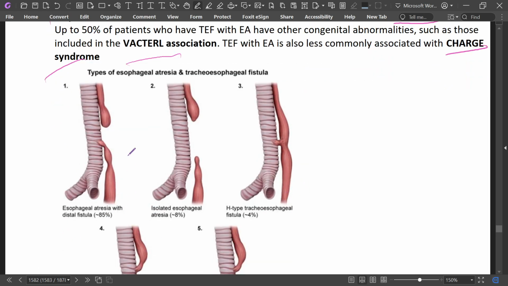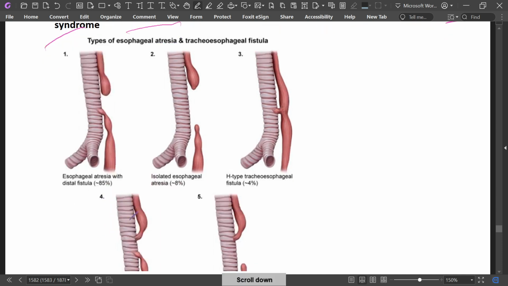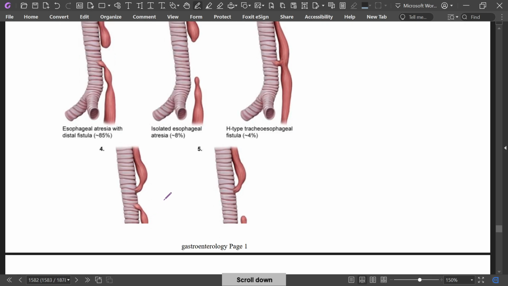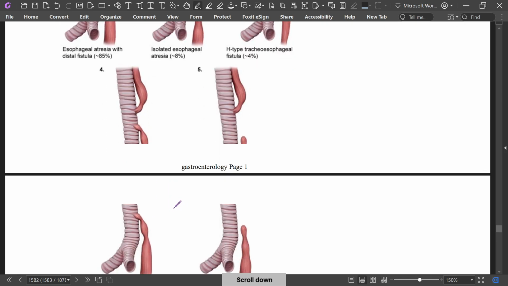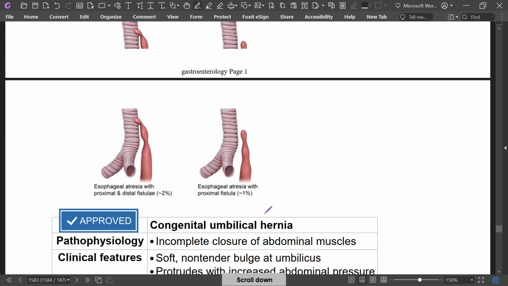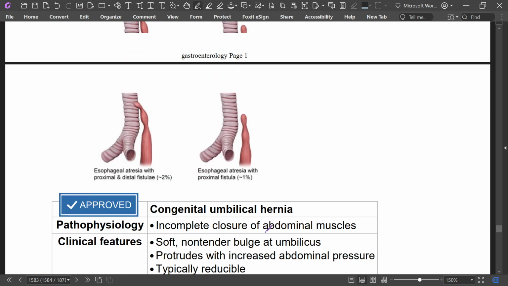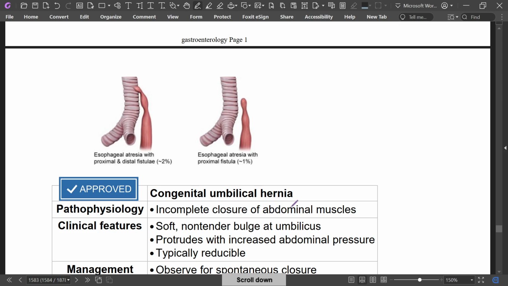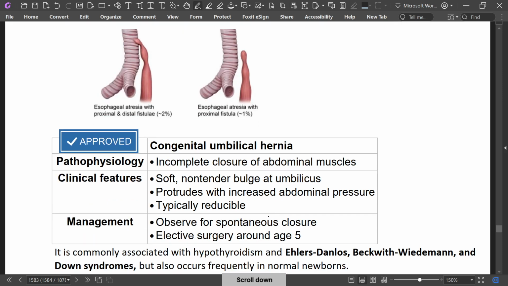So there may be esophageal atresia only, it may be 85% with distal fistula. Here there is esophageal atresia with proximal and distal fistula, and this is esophageal atresia with proximal fistula. Okay, and that is all about tracheoesophageal fistula with esophageal atresia.